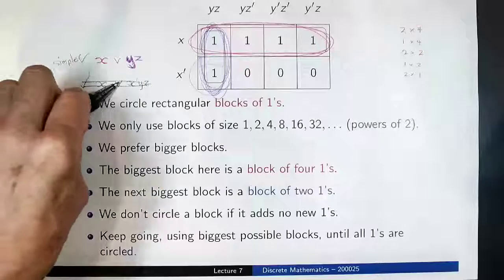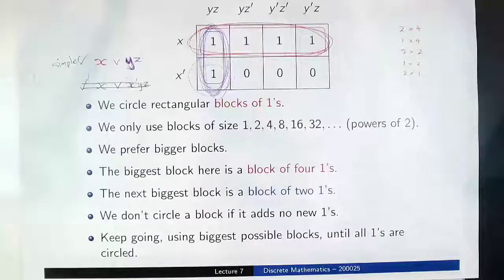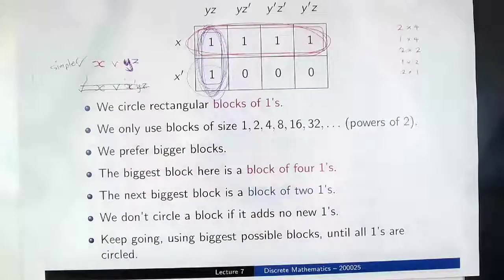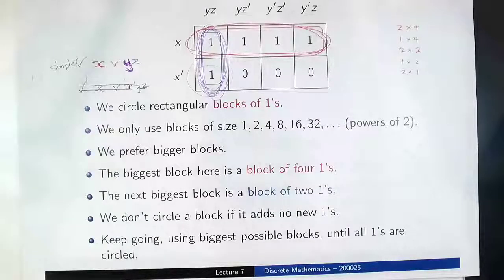It's just not the simplest. It's a bit like taking half a mark off you because you didn't simplify your algebra for the answer to a question. It'd be that sort of thing. But the Karnaugh maps mean you take the biggest blocks, which means you'd get that one rather than that one. But logically, that's not wrong. Logically, it's not wrong.